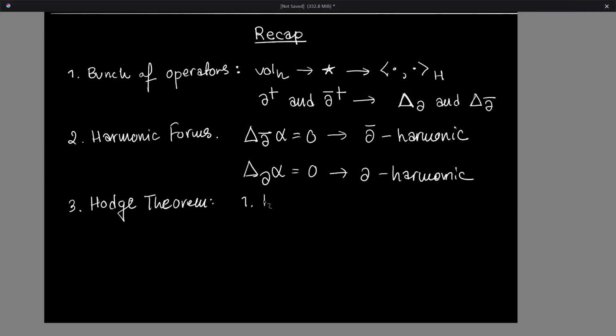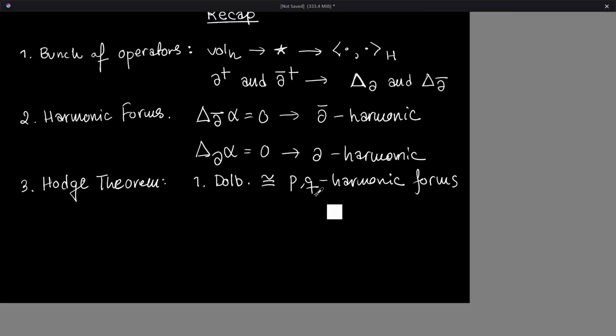Without the Kähler identities, the Hodge theorem has three main statements. It says that the Dolbeault cohomology group is isomorphic to the set of PQ harmonic forms, assuming you map over the multiplication from one to the other. Number two, the harmonic forms are finite dimensional. Sorry, these are not in the same order that we found them.